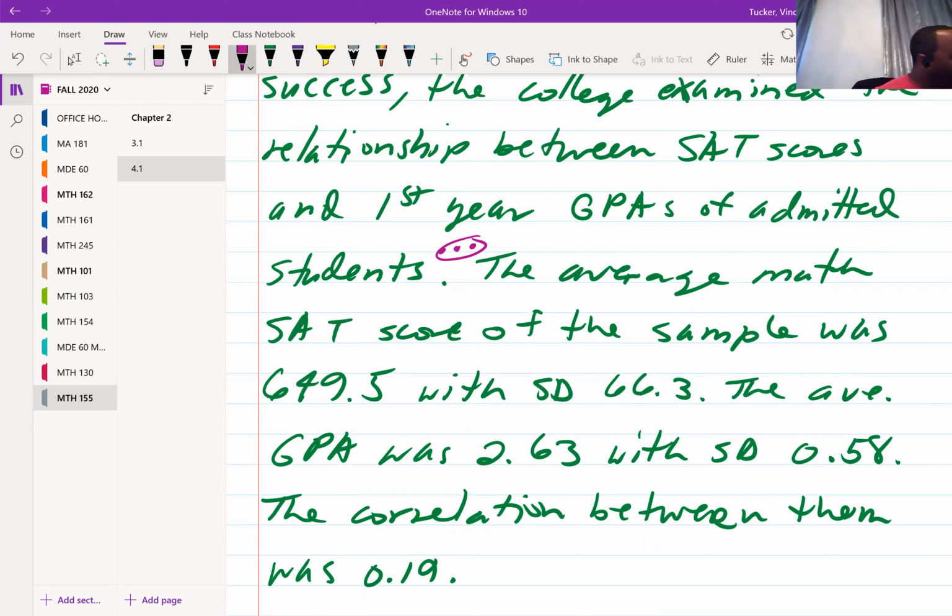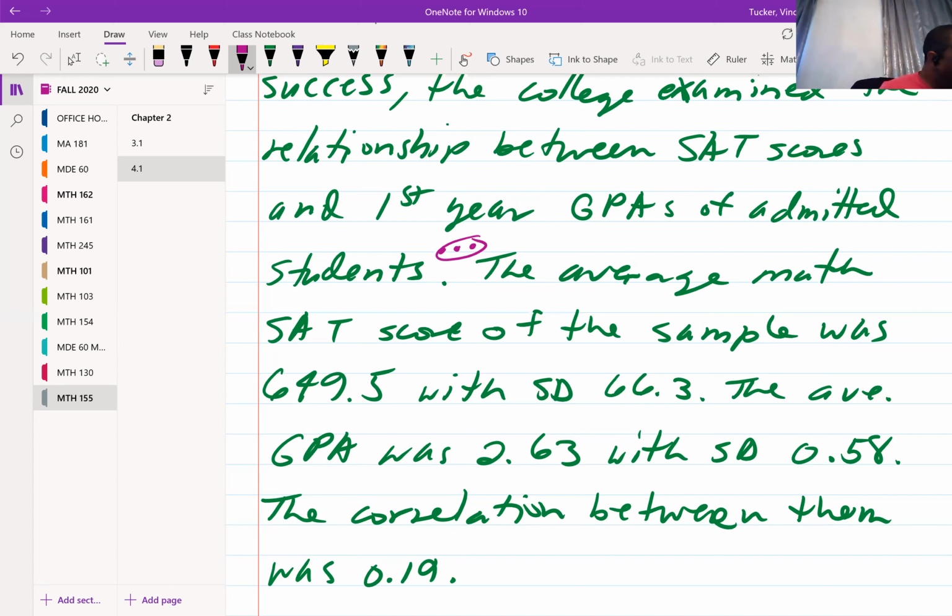So right about here, we talked about the scatter plot, said it was a random sample of 200 students. It says the scatter plot suggests a weak positive linear association, and students with higher math SAT scores tend to get higher first year GPAs. So that's what was there, where the purple dots were.